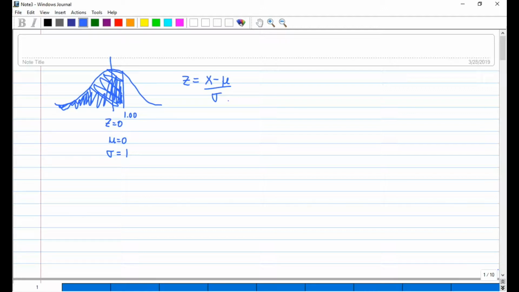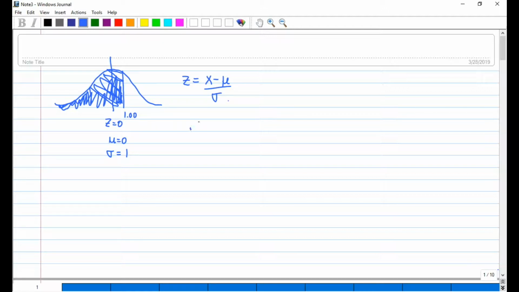And so if we did look that up in the table, let's see, that would be on table B. And 1.00 gives me 0.8413.